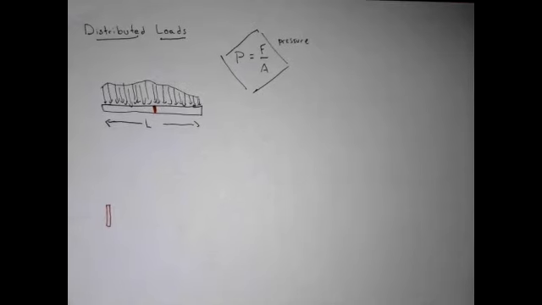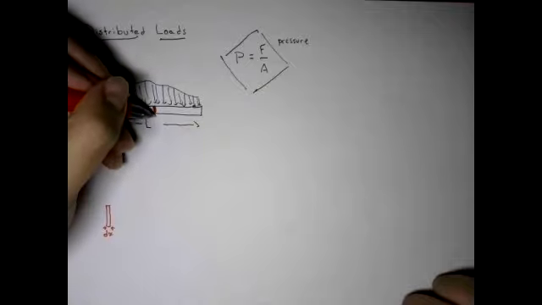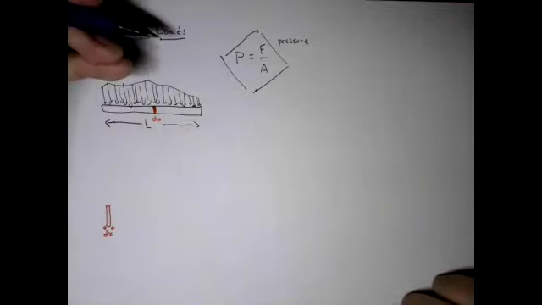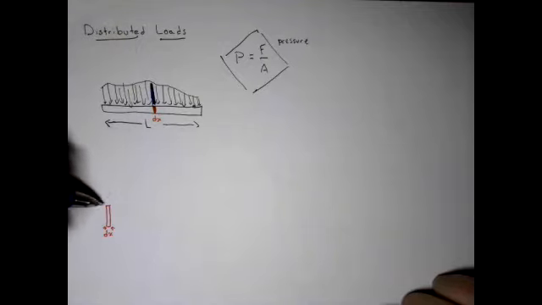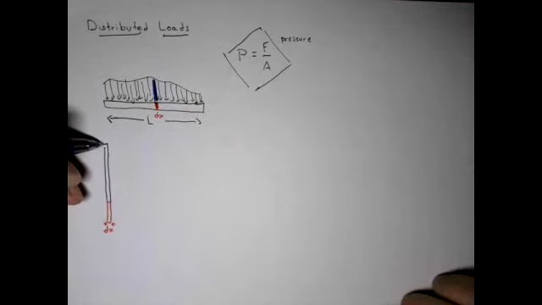In other words, this length is so tiny that I'm going to give it dimensions of dx. Okay, so this is a tiny length dx. And this tiny length dx is experiencing a tiny column of a distributed load. So this tiny column of a distributed load is going to have a magnitude that I'm going to call dF.